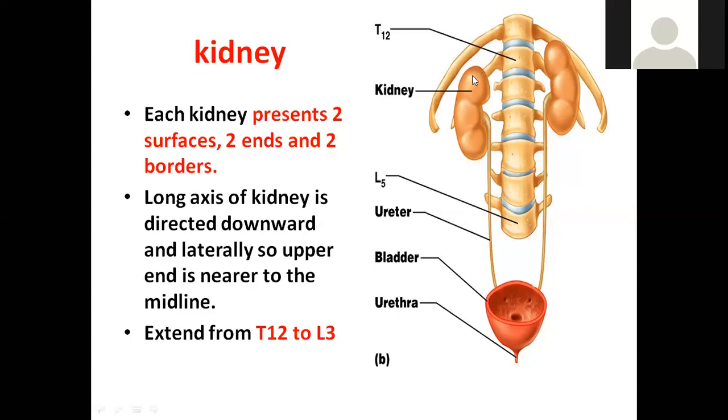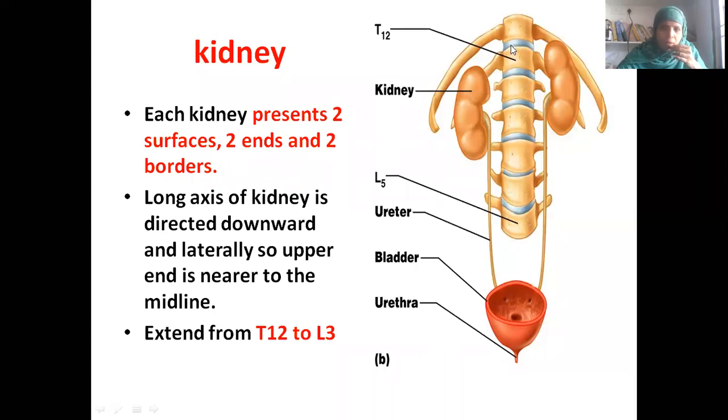Because of this, the upper pole of the kidney comes near to the midline. Though in this picture it is not so clear, in the body you will see the upper pole is close to the midline when you compare to the lower pole. The lower pole is away from the midline.